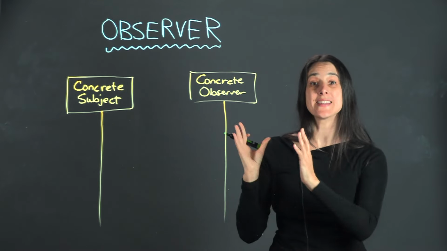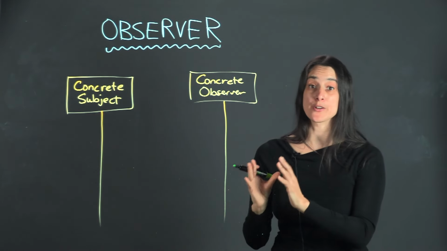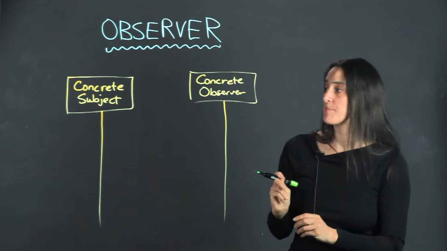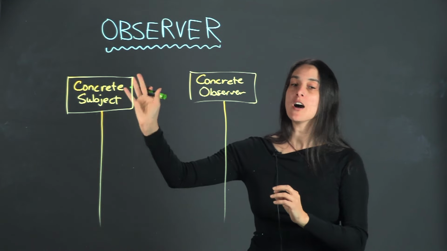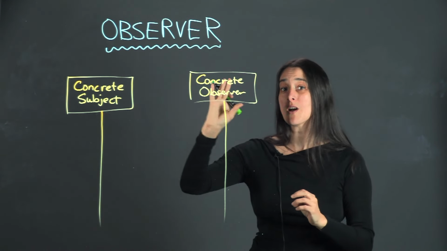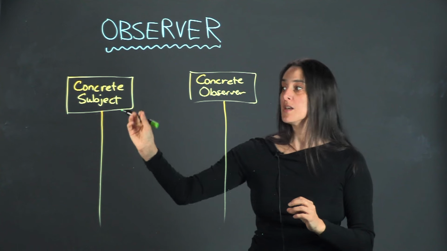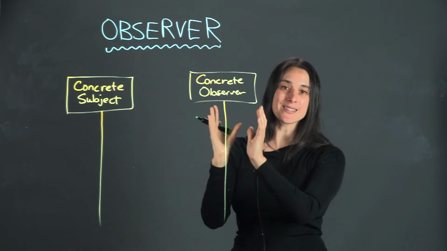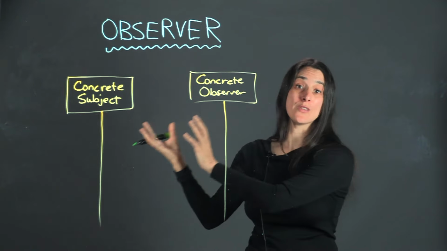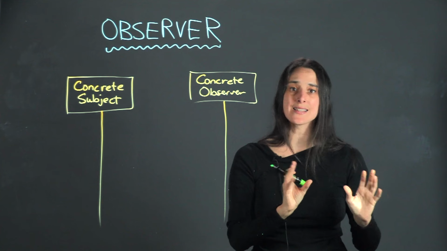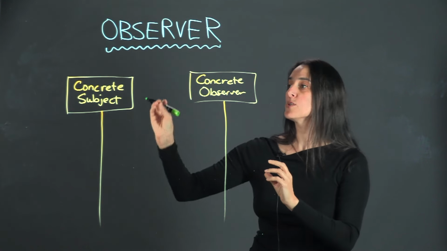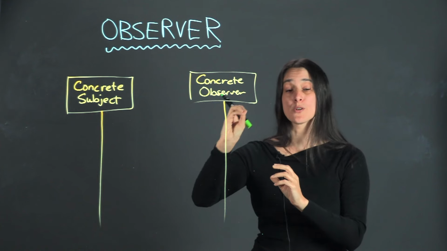Now let's look at the dynamics of how the observer pattern works by using a sequence diagram. The very first part of the pattern is that the concrete subject needs to subscribe all of its observers. The observer itself doesn't actually have to be the one to do that subscribing. It's quite possible that there would be some other sort of godlike class or a different component that would set up the relationship between observer and subject.